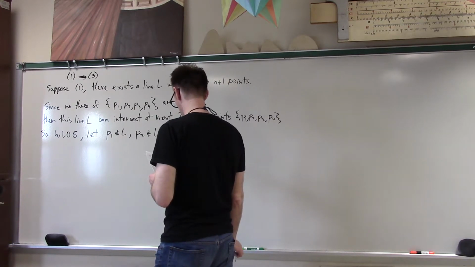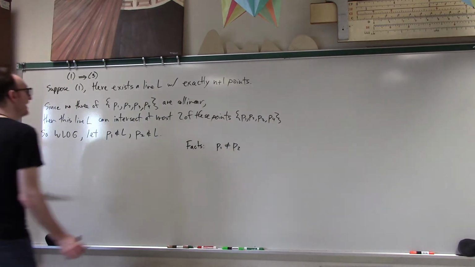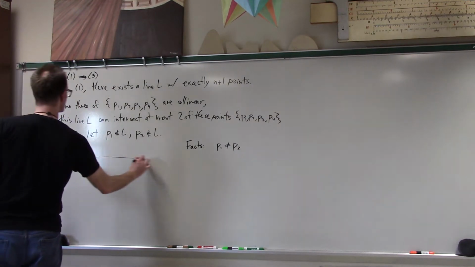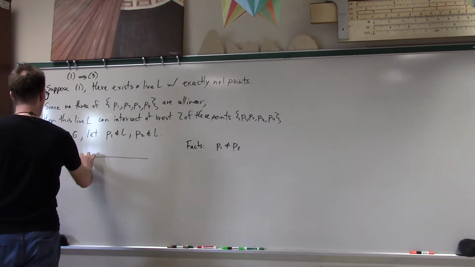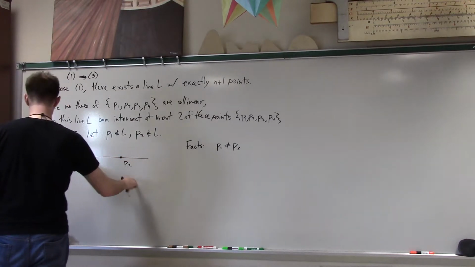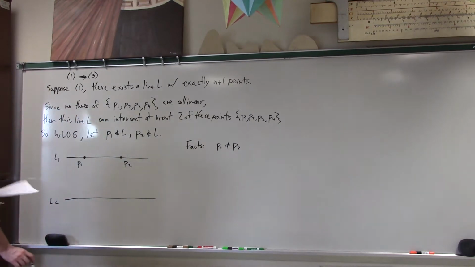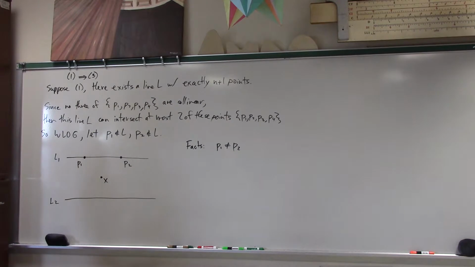Also, L. So L, I'm not even going to draw L. I'm just going to reproduce the relevant portions of the picture from the front board. So here's P1 and P2, and here's my line L2. And then we also have this point X. And what do we know about this point X? We know that it's not on L1 and it's not on L2.